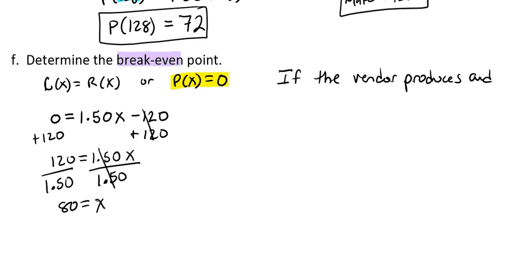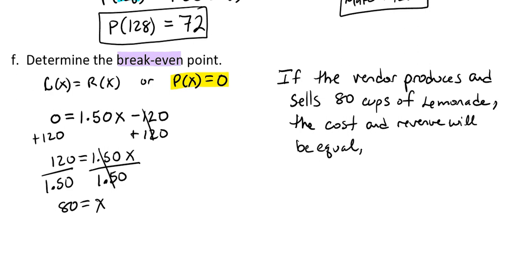So if the vendor produces and sells 80 cups of lemonade, the cost and revenue will be equal, which will result in a profit of $0.